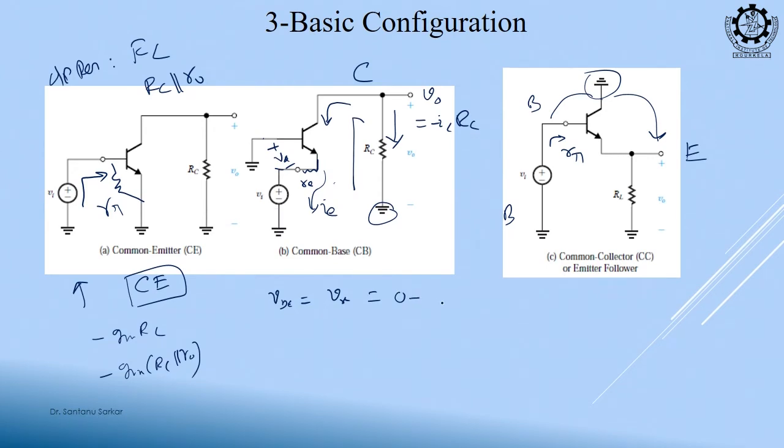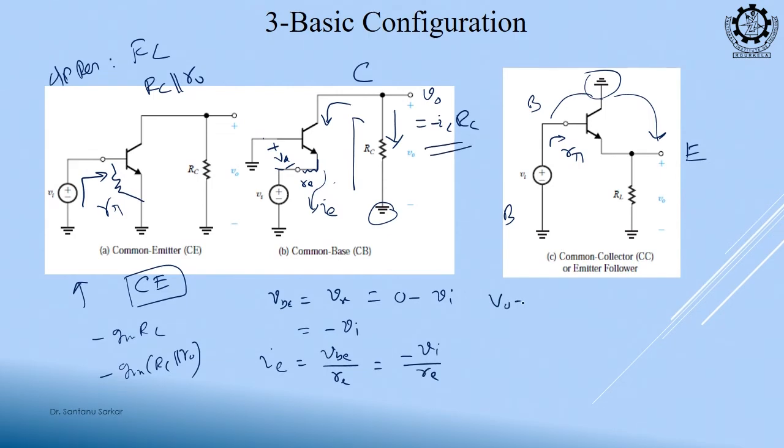What is emitter voltage? Say Vi. So, VB is equal to minus Vi. So, what is my IE? VB by what is the resistance? Small re, is equal to minus Vi by re. So, you put that here.